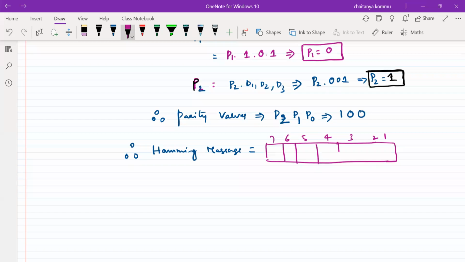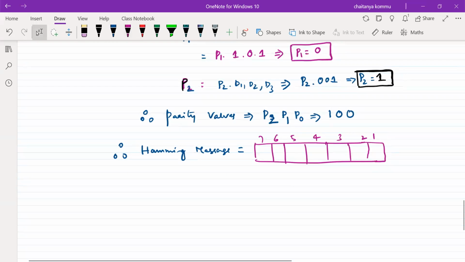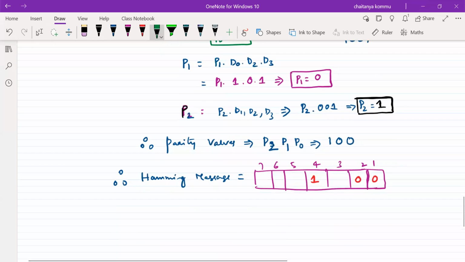What is the parity information? The first parity information is 0. The second parity is 0. The third one is here. The remaining positions are 1, 0, 0, 1.